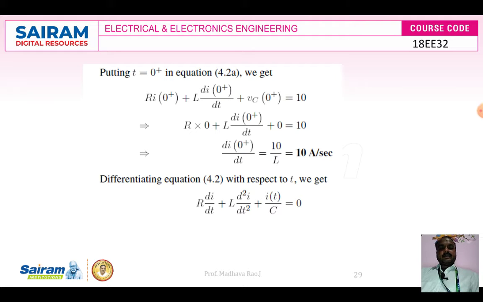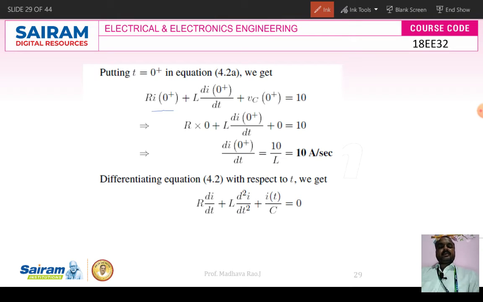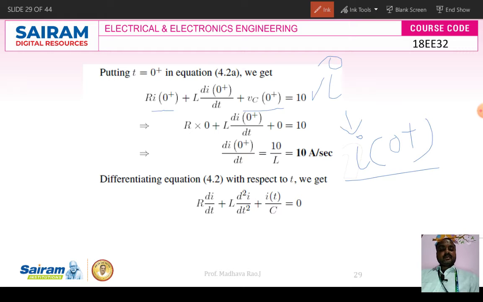We get R into i of 0 plus plus L into di of 0 plus by dt plus Vc of 0 plus equals 10. Substituting, i of 0 plus is 0, and Vc is also 0. The voltage across the capacitor just after closing the switch is 0.